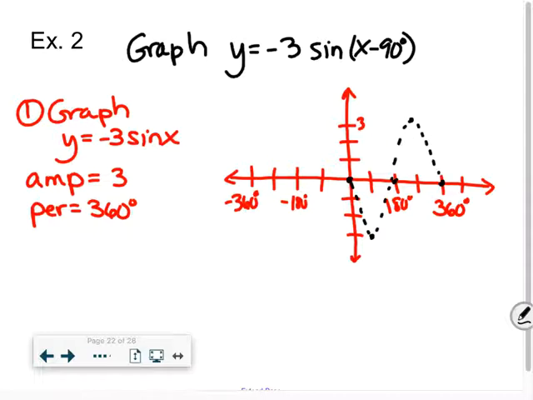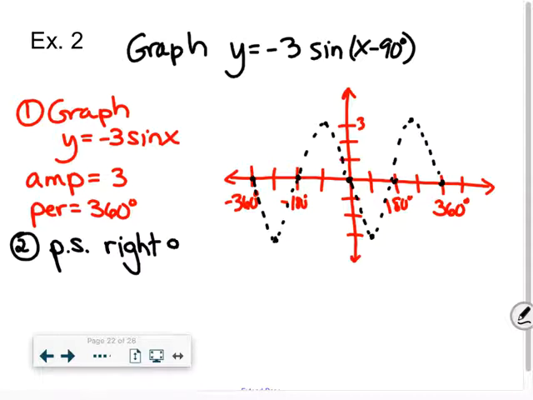And then if you continue the pattern on the left, because we want to get a full period to the left and a full period to the right. Then step 2, we have a phase shift. Phase shift is the right left, and it's right 90 degrees.